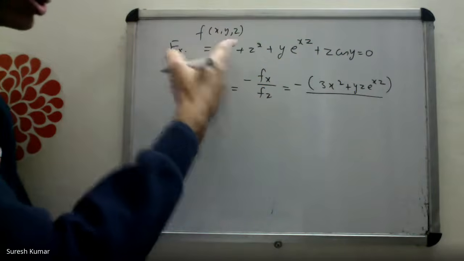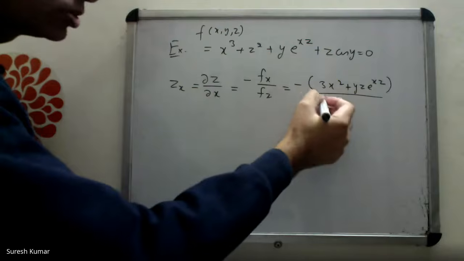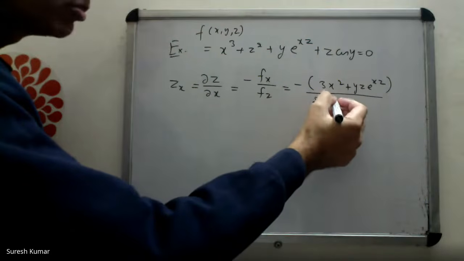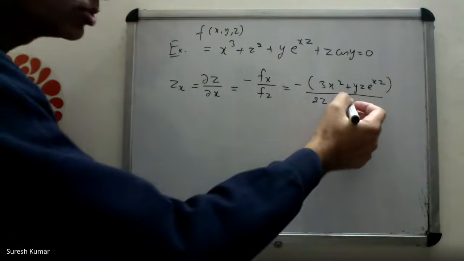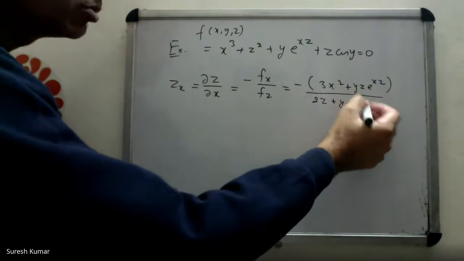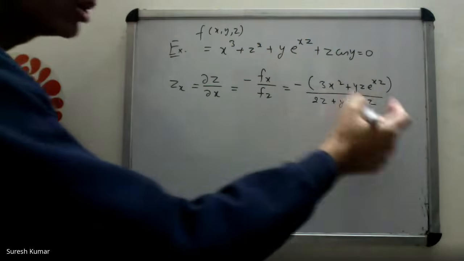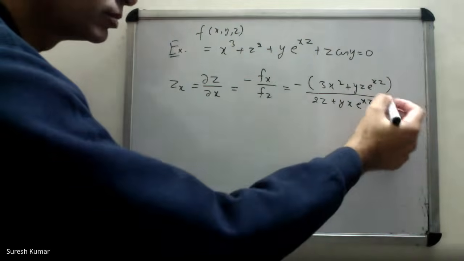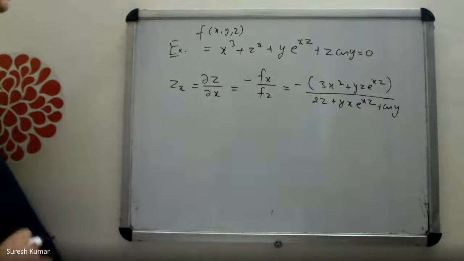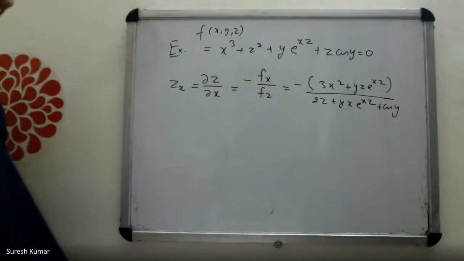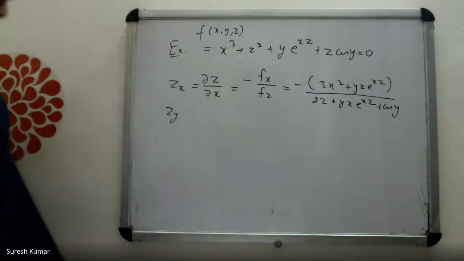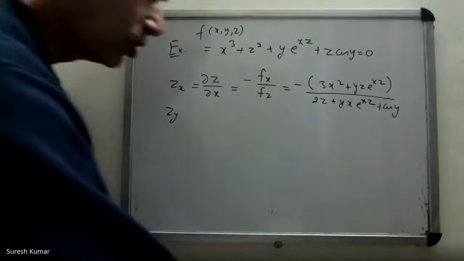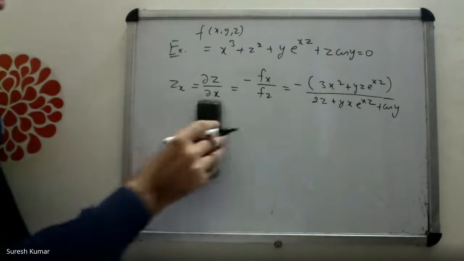So the derivative of x cube is 0, the z square derivative is 2z, plus y, with respect to z you are doing, so it is y x times e power xz, plus cos y. You understand? Plus cos y. Same way, if I ask you to find zy, you can calculate. Okay, so doing such problems is easier.